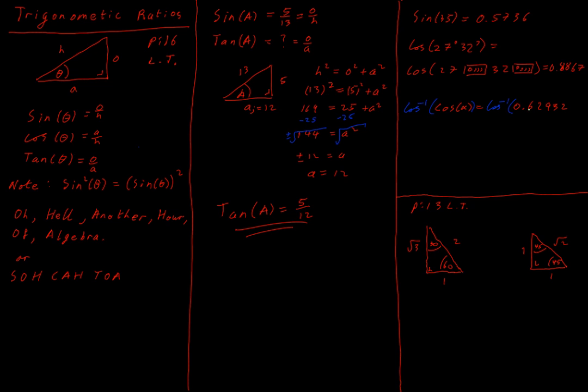What we are doing here is taking a function called inverse cosine that undoes the cosine function. So we're taking a function of cosine that gets rid of cosine and leaves us with alpha on the left-hand side. And then this is something we put into our calculator.